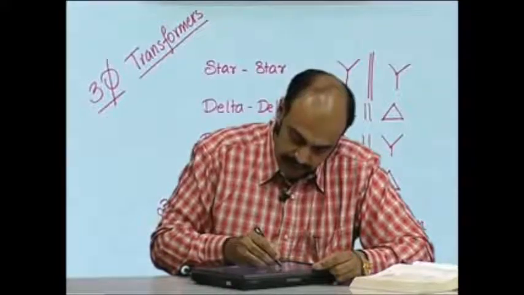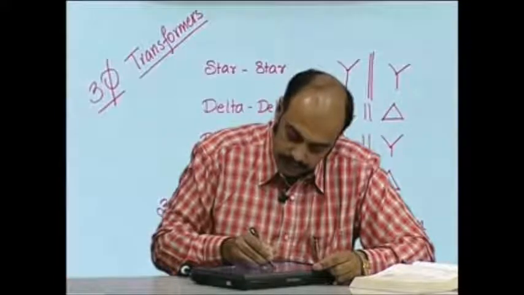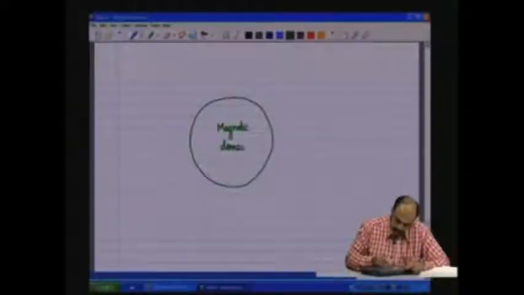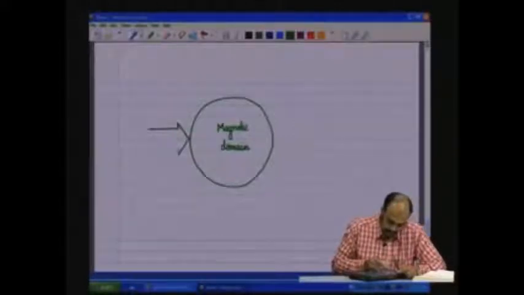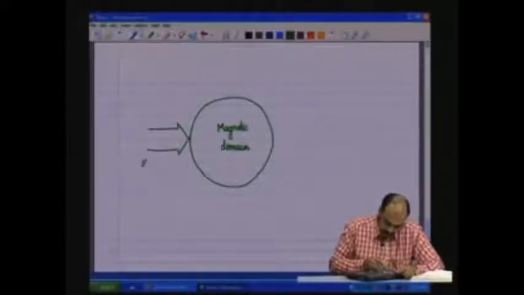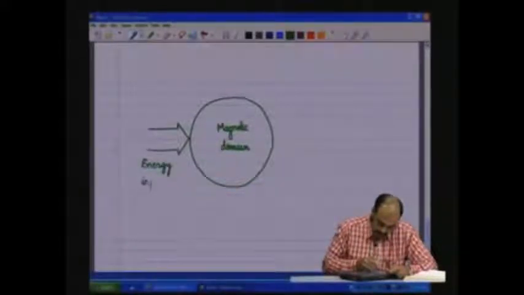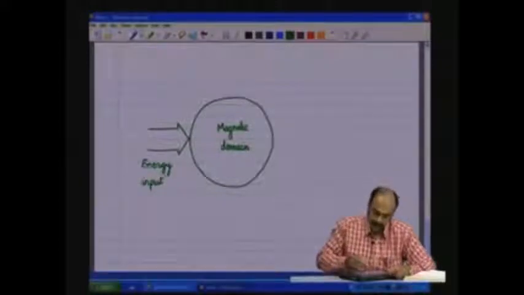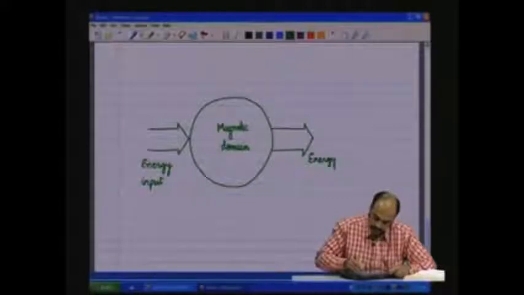So, we have a system, a central cauldron or the drum, which we say is the magnetic domain. To this magnetic domain there is an energy input, and in the case of the transformer there was an energy output.